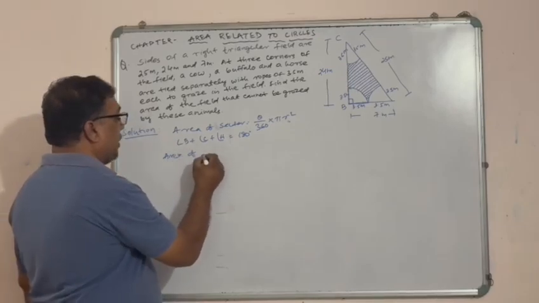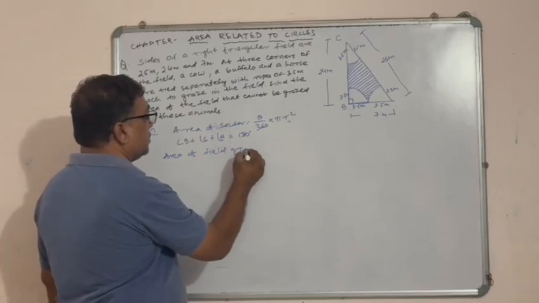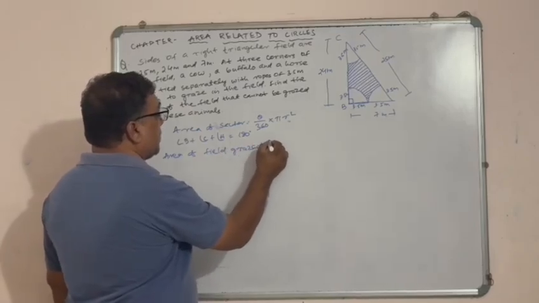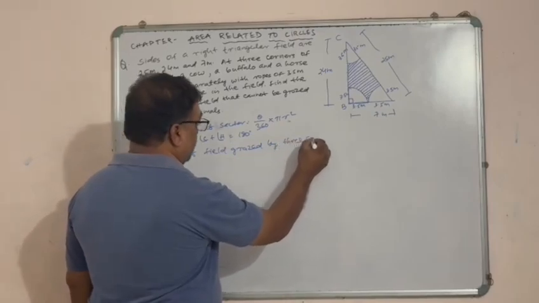So we need to find the area of the field grazed by the three animals.